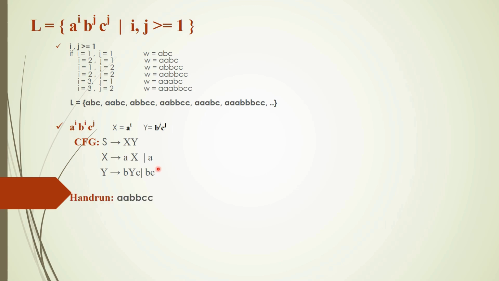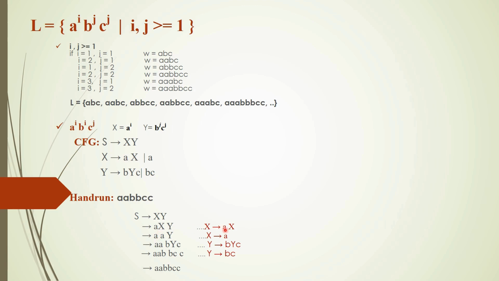Then let's take a hand run for the same string which we discussed in the previous example. Here you can see aabbcc. As our start is with xy, here we started with xy. Now here a is dependent on x, so we have to substitute our x as ax in the next derivation.